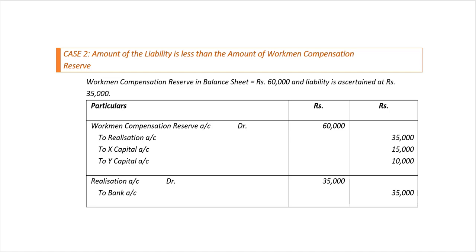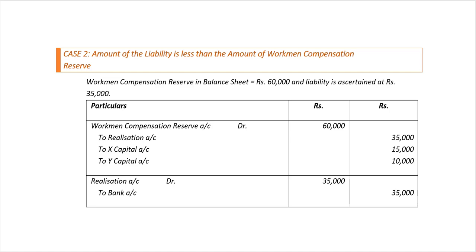So the journal entry for the same would be workman compensation reserve account debit 60,000 rupees to realization account rupees 35,000 to excess capital account 15,000. The balance 25,000 is distributed in 3:2 between X and Y, and the share of X is 15,000 and to Y's capital account, the share of Y, 10,000 rupees.